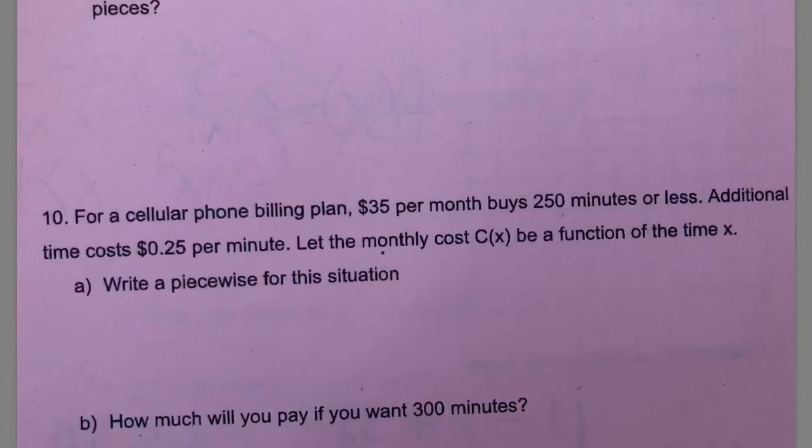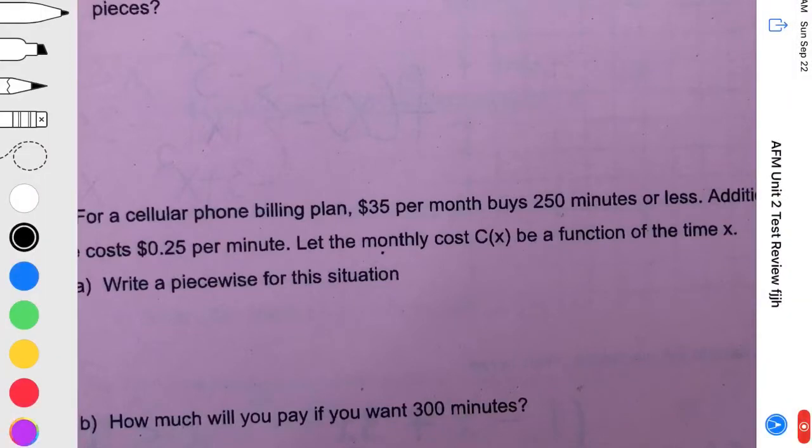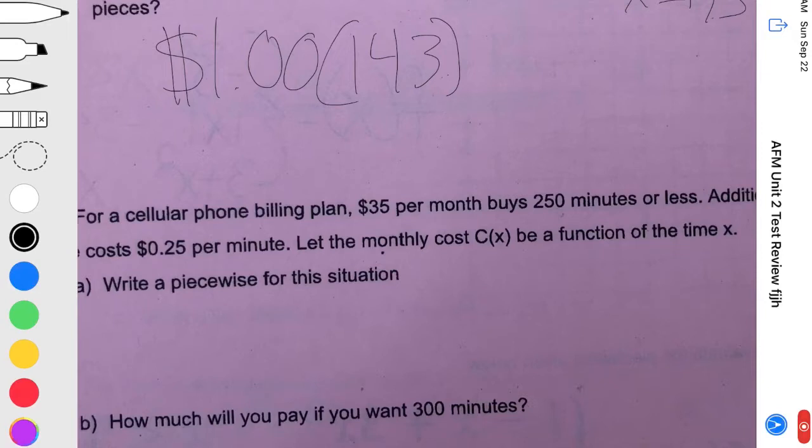So for B, we have $1 times our X, which was 143. So we're having to spend $143 on candy if we want 143 pieces.